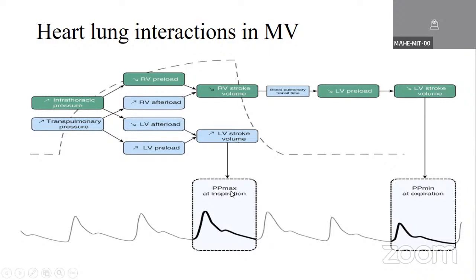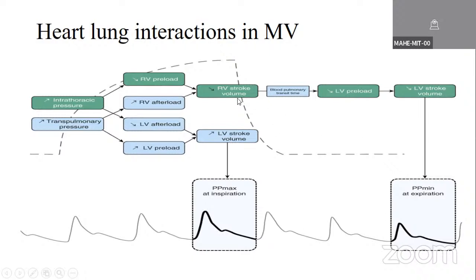With this increase in LV stroke volume, we can see here the pulse pressure variation, the upstroke is higher than what is shown here. The pulse pressure variation at the expiration is low because of the increase in stroke volume on the left side. So this is the expiration.